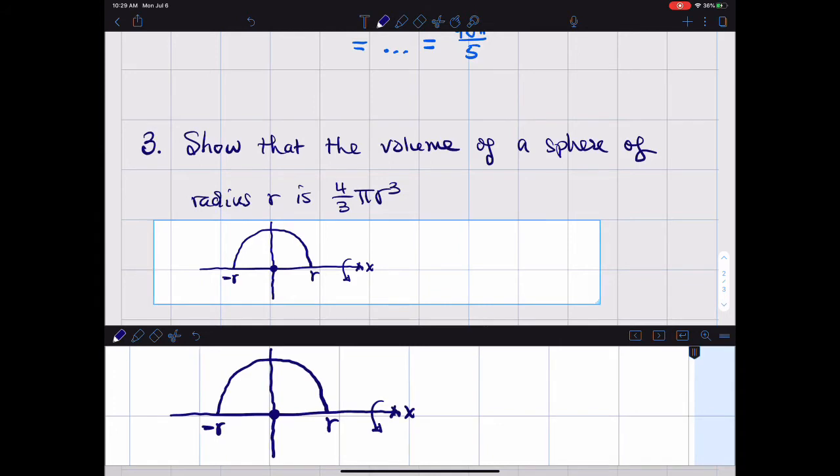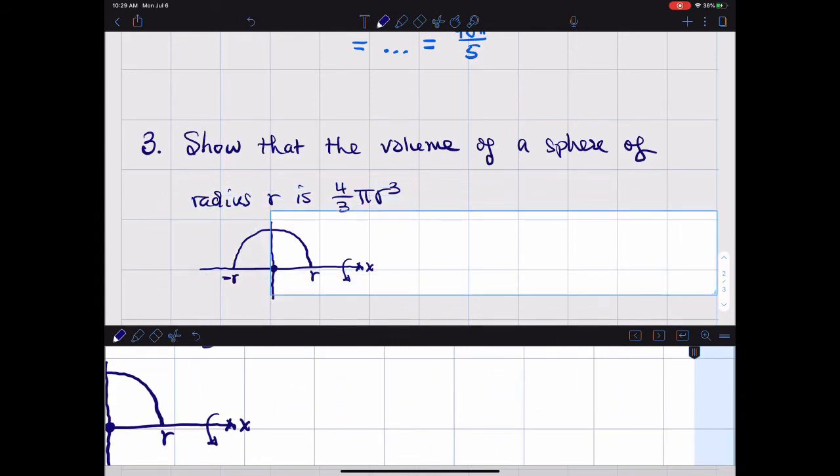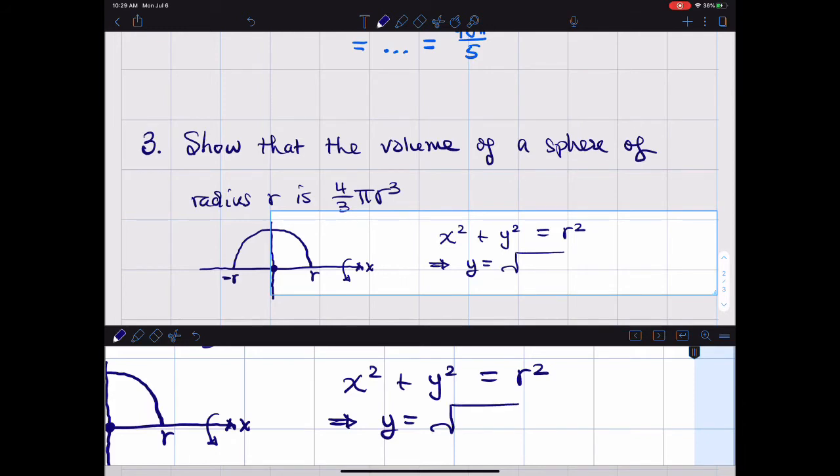Okay? So remember the equation of a circle. The equation of a circle is x squared plus y squared is equal to r squared. So if you solve for y, this would give you that y is plus or minus the square root of r squared minus x squared.